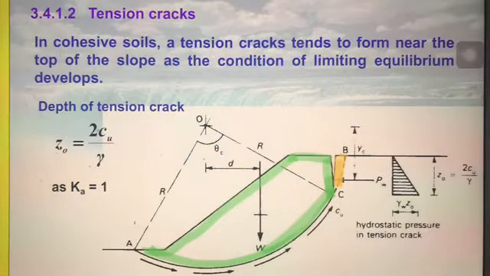In cohesive soil, normally we have a tension crack. The depth of the tension crack is equal to 2Cu over gamma, when K is equal to 1 because phi u is equal to 0. So the sector AOB will reduce to sector AOC.